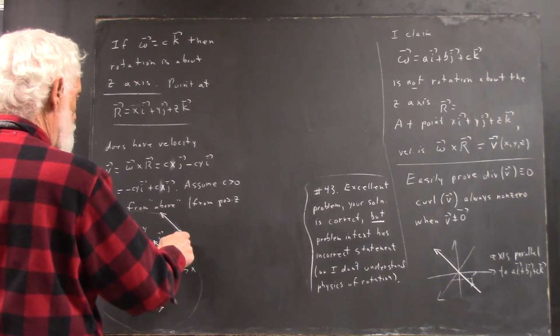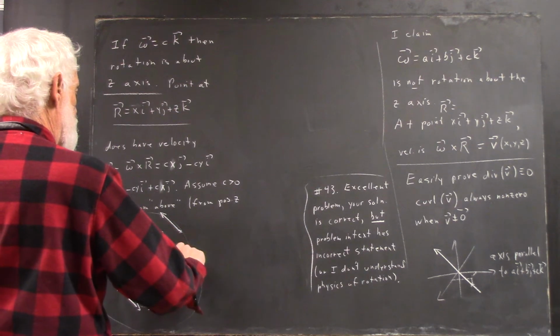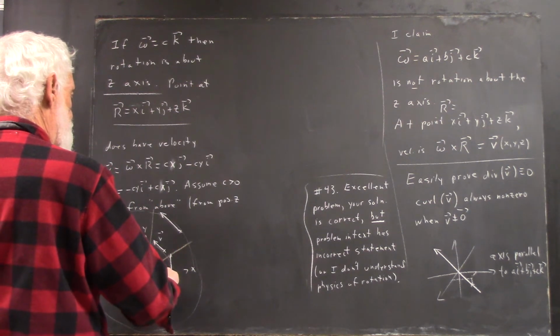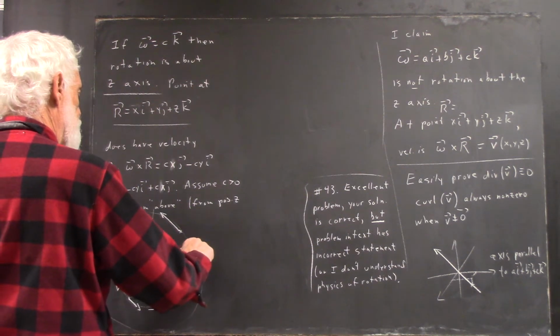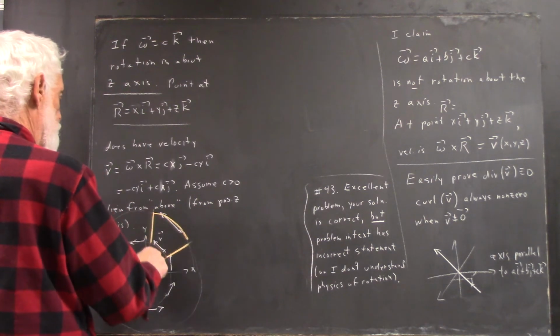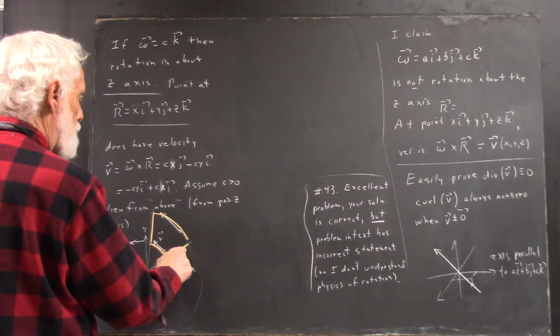Well, if I do a path, just take two radial lines, and I do a path from here to here, around here, here, and back.